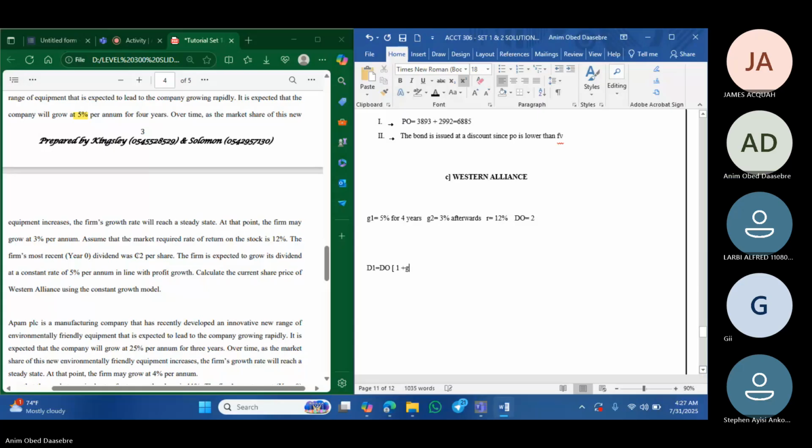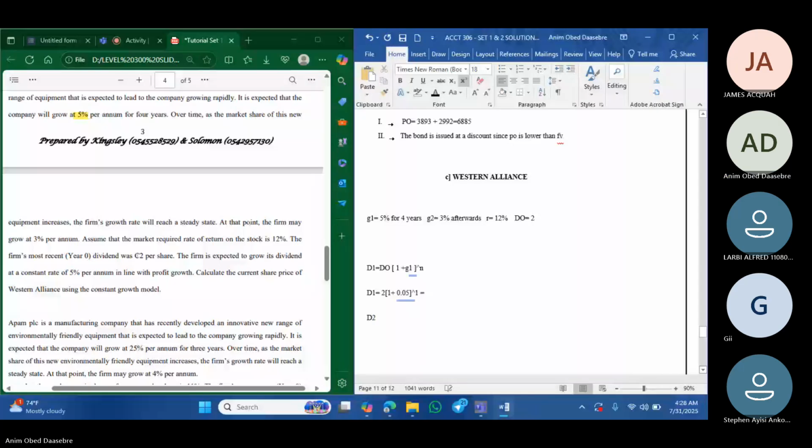So G1, then raised to the power of n. So D1 is equal to 2 cedis multiplied by 1 plus the first rate, 5%, 0.05. So someone should give me the values.